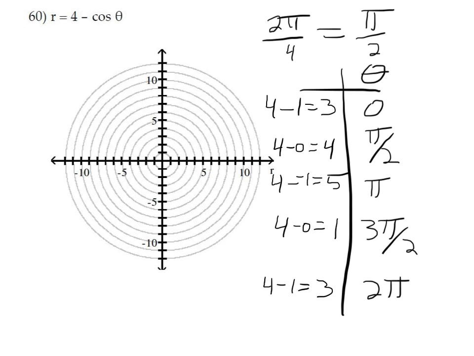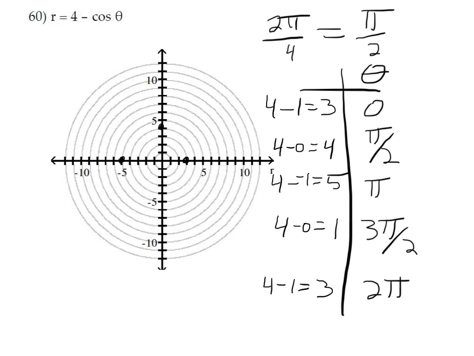So we are starting at, in the 0 direction, walk out 3, getting us here. Then in the pi halves direction, walk out 4, getting us here. In the pi direction, walk out 5, get us here.